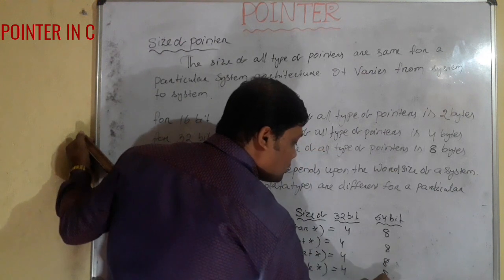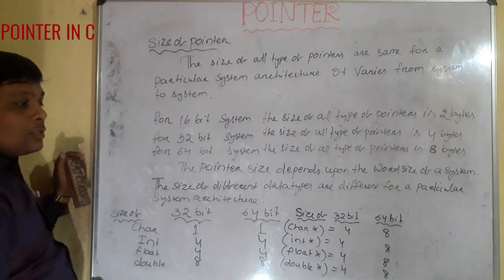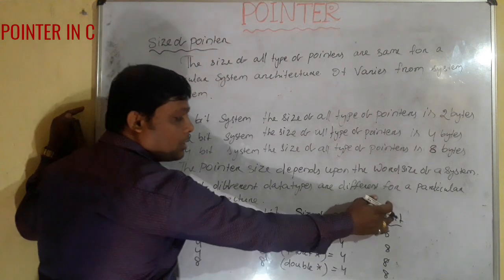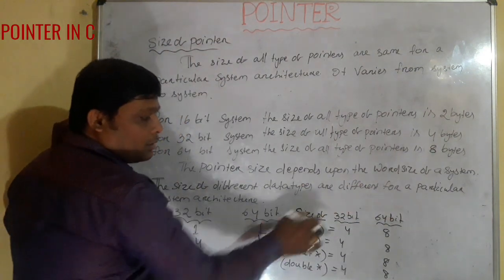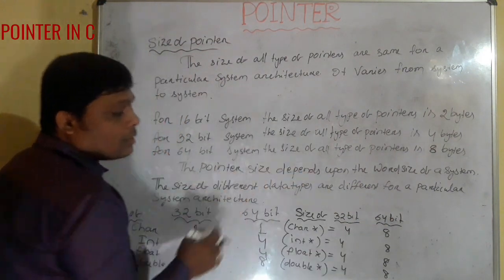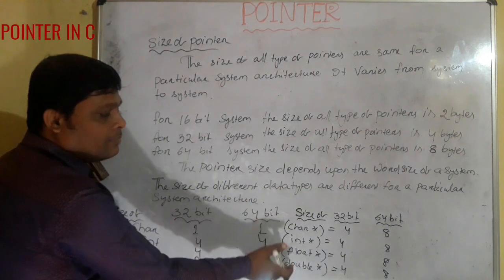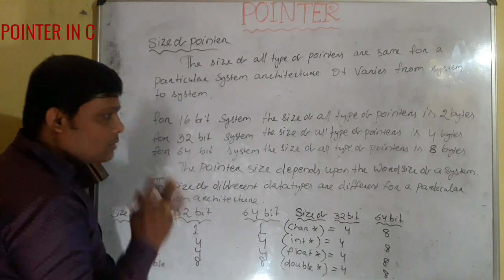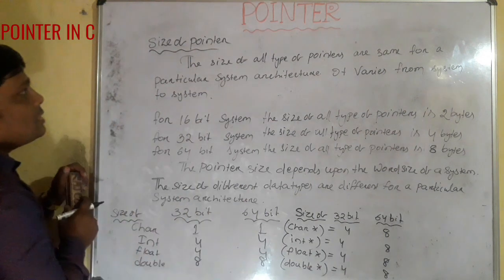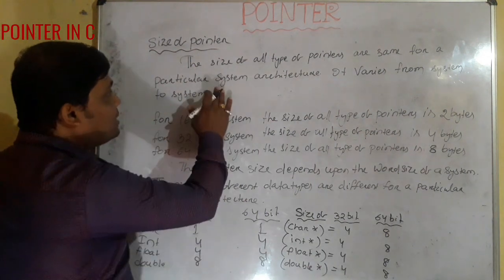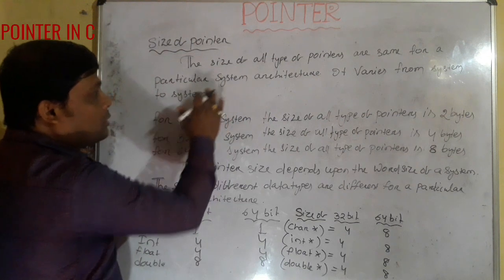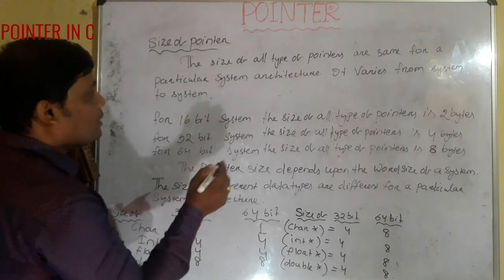For double pointer, it is also 8. So it varies from system architecture to architecture, but it is fixed for a particular system. For different data types, it is constant for a particular system. Clear? This is sizeof.